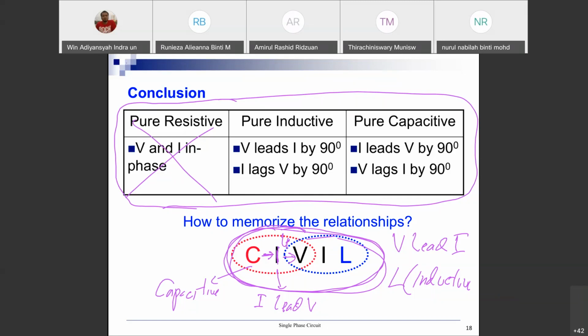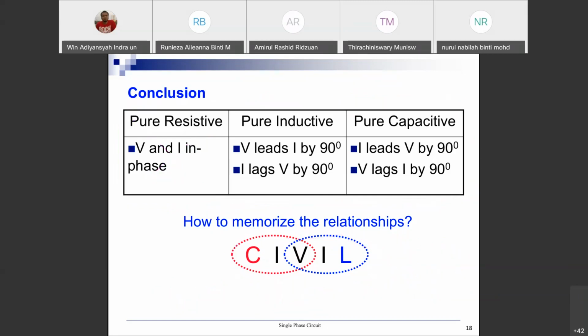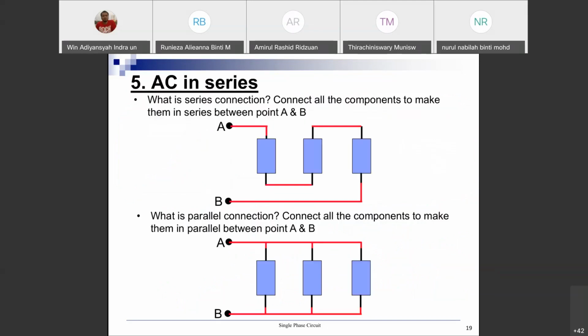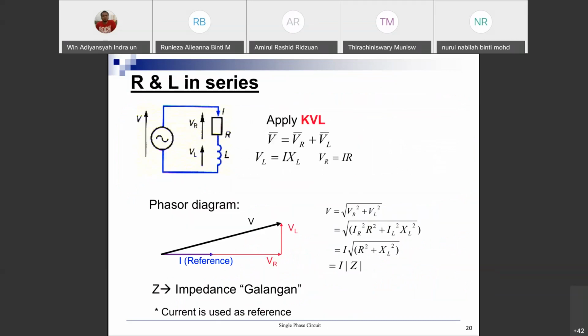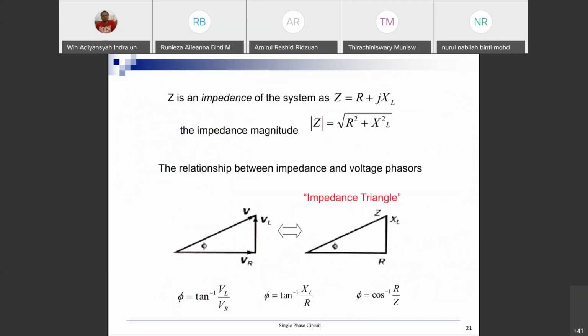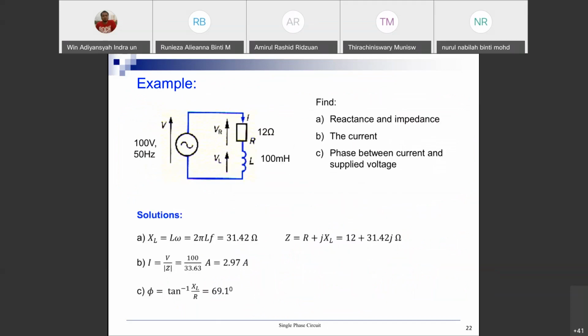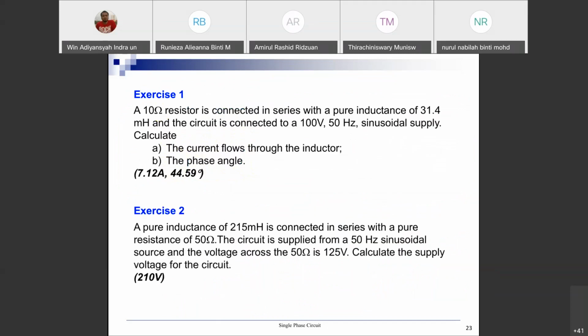Okay, yeah. This one, you have done this, and it's not difficult how you connect in series and parallel. So just skip this one.